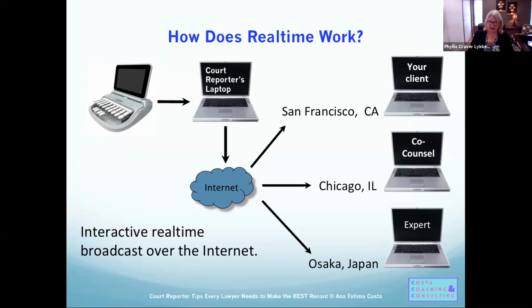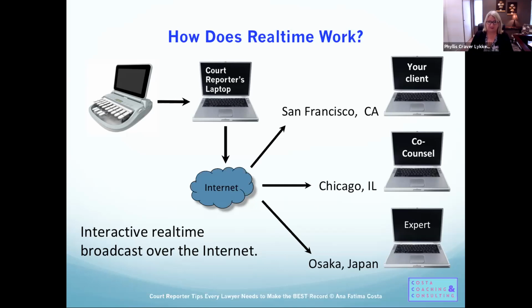Once it hits our laptop, it can go to the internet and go to laptops in other places around the country or in the room. Sometimes there might be 20 people in the room receiving your real-time feed as it's happening and viewing it. Sometimes experts are looking at real-time from different locations so that cases can be reviewed as they're happening, and they can be preparing for maybe the next day's testimony.